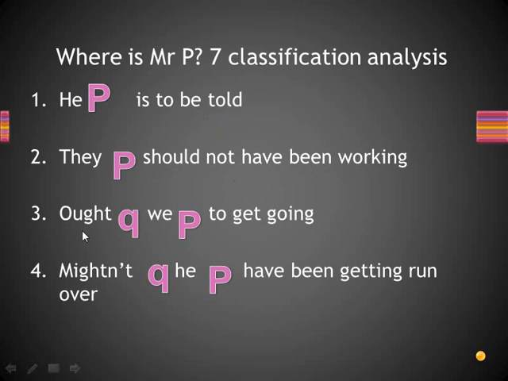And then let's see number 3. Okay, what is the number one? Person. We have we, so the person is common. And then number 2, tense, we have present. And then number 3, phase, we have this as simple tense, simple phase. And then the aspect is get going, so it's inceptive.